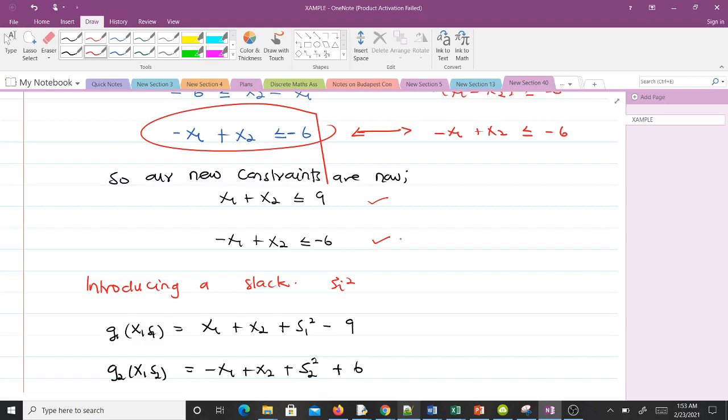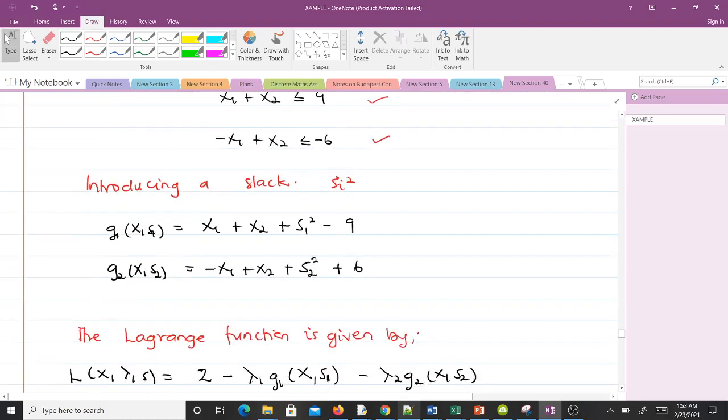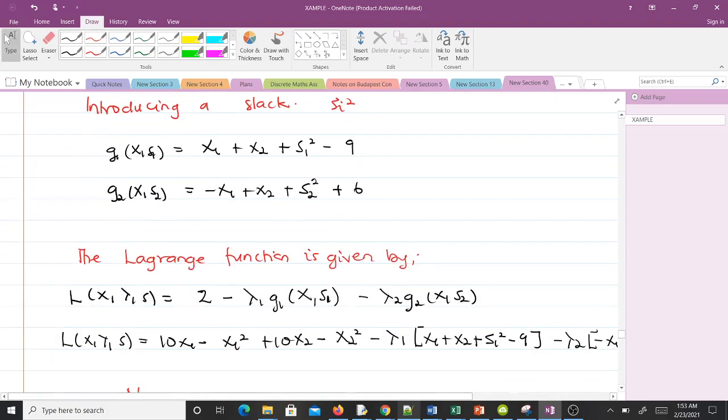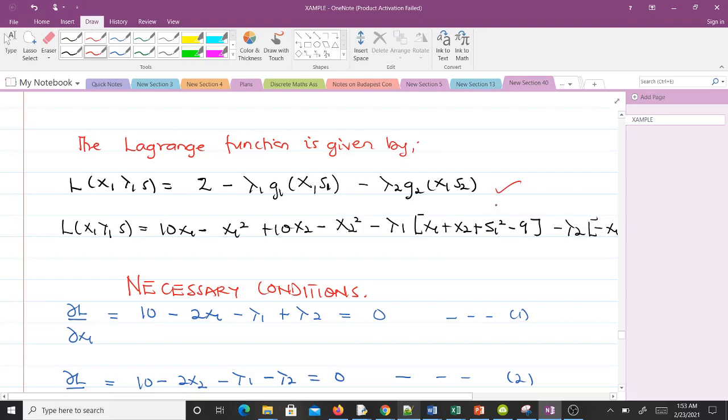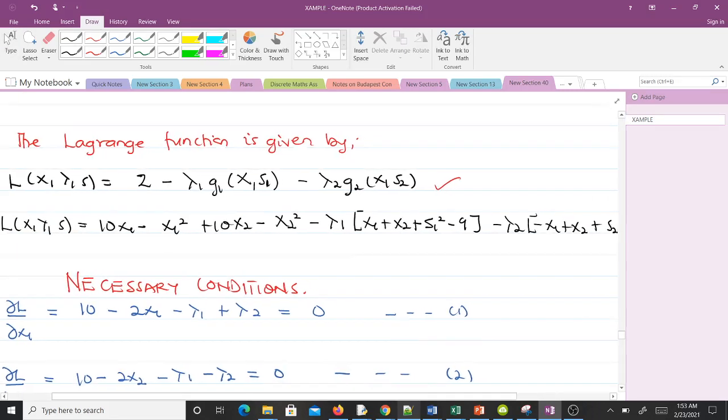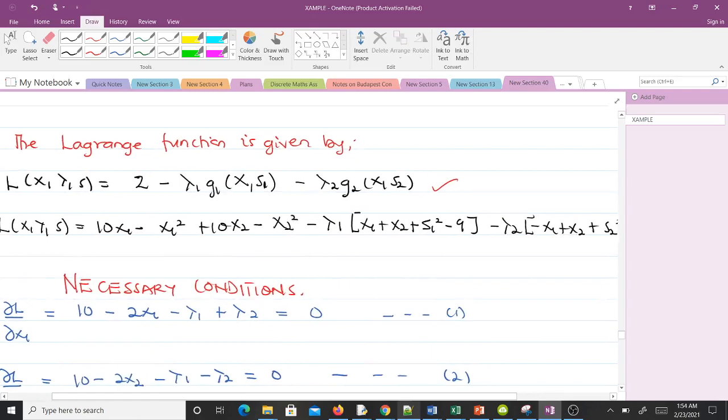And our slack is always a non-negative variable. So introducing a slack is going to give us this to be our first constraint. It needs to be our second constraint. So the Lagrange function is formed by this here. So making substitution is going to give us this to be a Lagrange function.